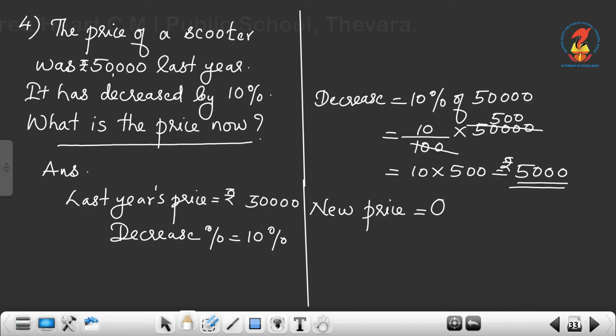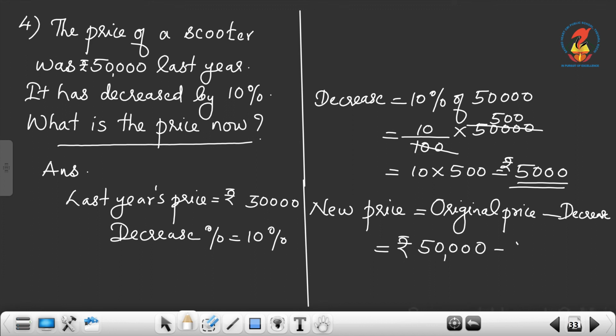So the new price is equal to the original price, which means last year's price, minus the decrease. The decrease is 5,000. Therefore, rupees 50,000 minus rupees 5,000. So what will be the new price? The new price will be rupees 45,000.